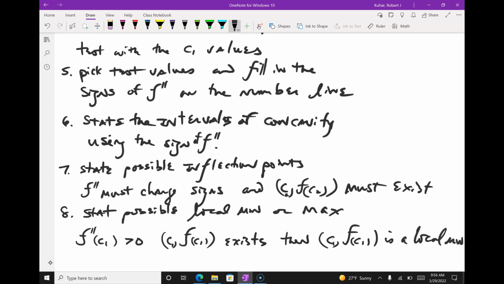If I get a positive value out of my second derivative, the point that I tested at has got to be at the bottom of the hill, as long as that point exists, right? If I get a second derivative that's negative, the point that I tested at from the first derivative has got to be the top of the hill, as long as it exists.